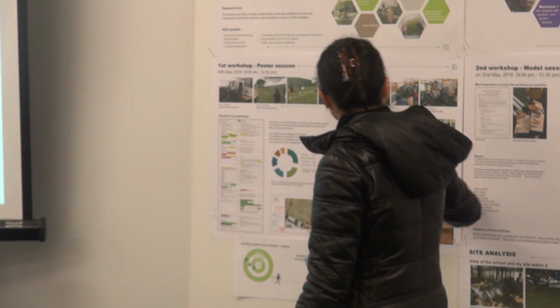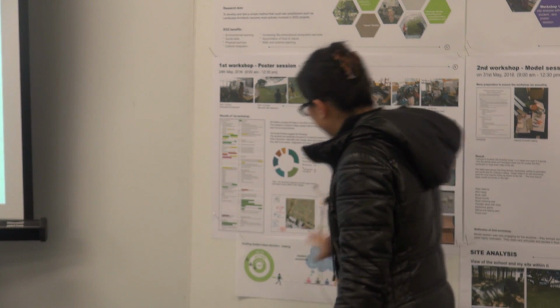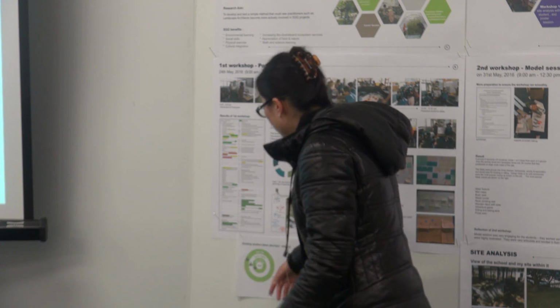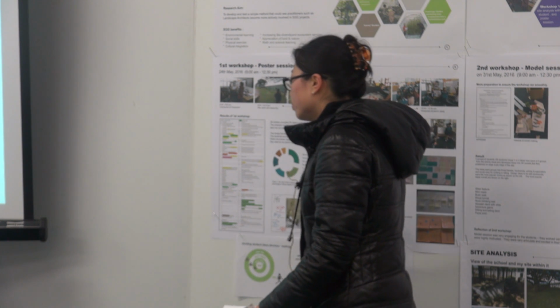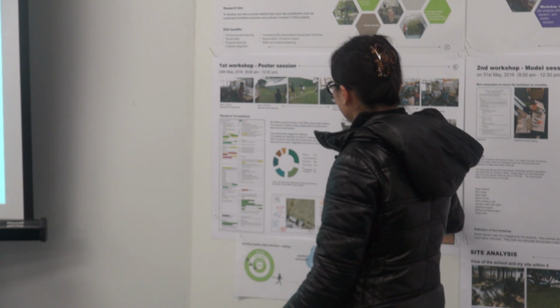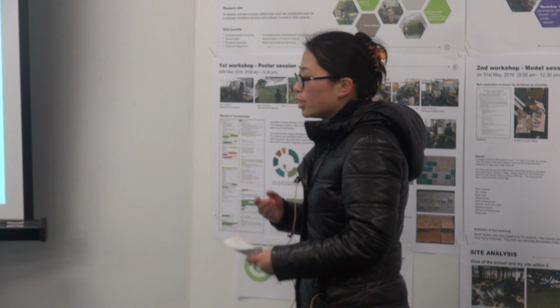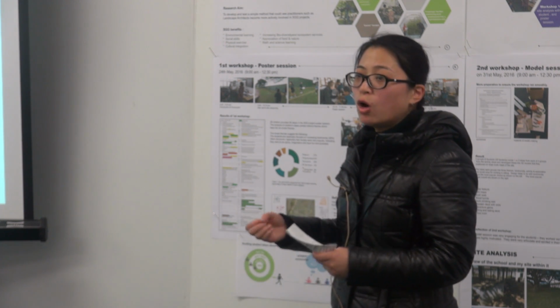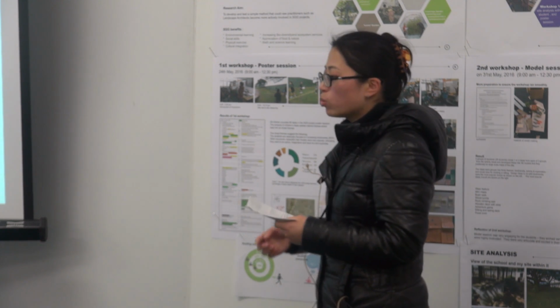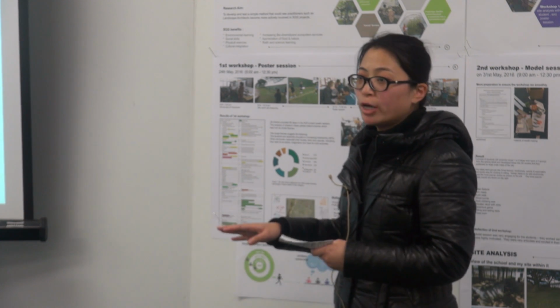At this first workshop, I did the poster session. During this process, I wanted to give the children space to open their minds and have more ideas, but I don't want to affect them too much.